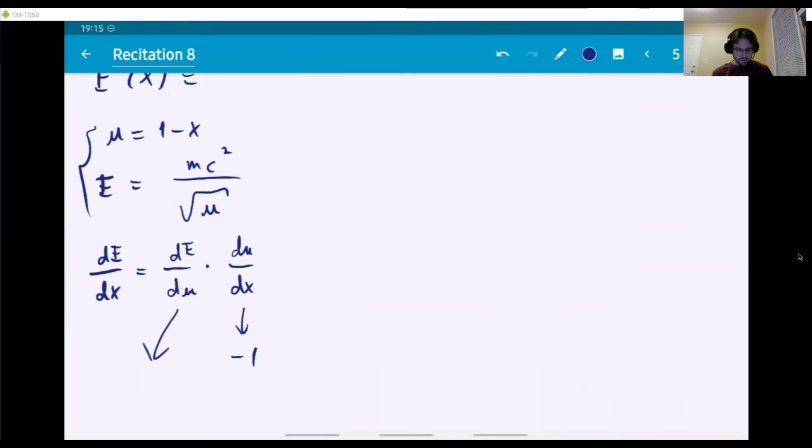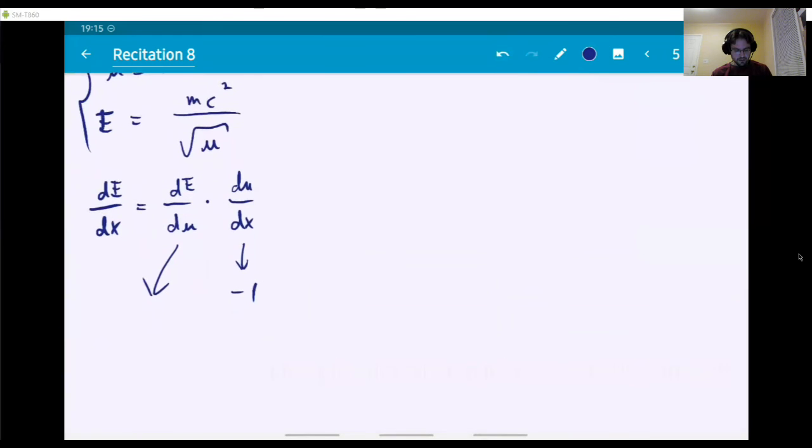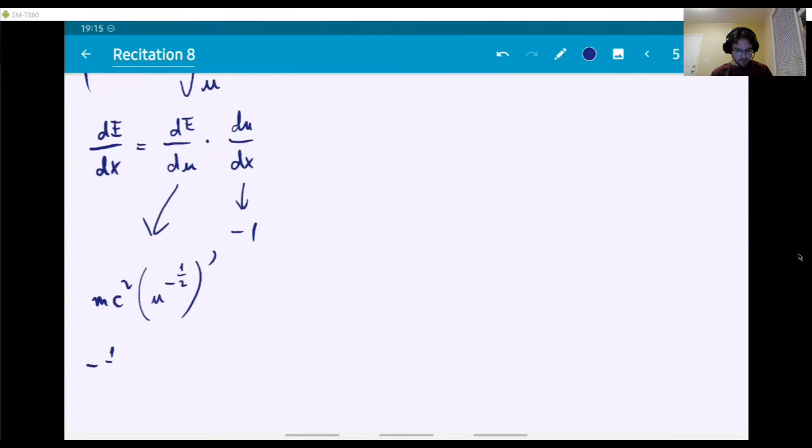What is dE du? Well, mc squared is a constant, and E as a function of u is 1 over root u. So it is just u to the minus 1/2. That's what we want to find a derivative of in terms of u. So by the power rule, that becomes minus 1/2 times u to the minus 3/2.